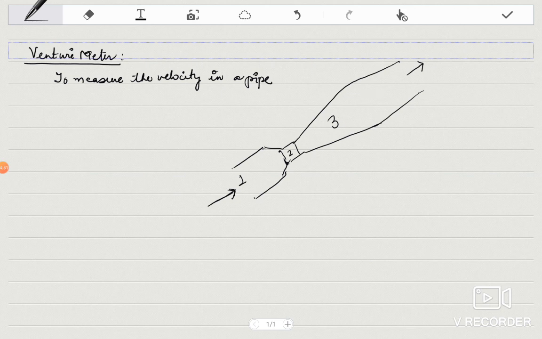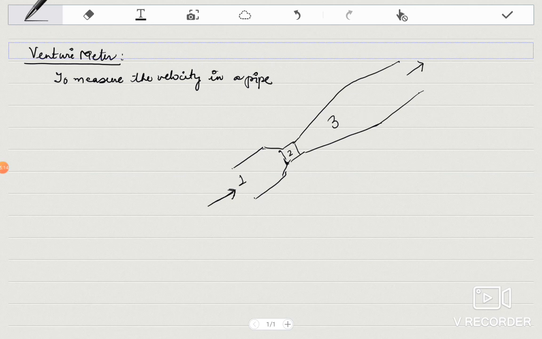It is just due to the balance in the Bernoulli's equation. So we can say that velocity reaches its maximum value and pressure reaches its minimum value in this throat at 2. Gradually velocity decreases and pressure increases through the divergent part.